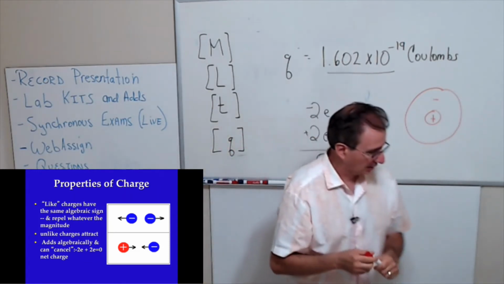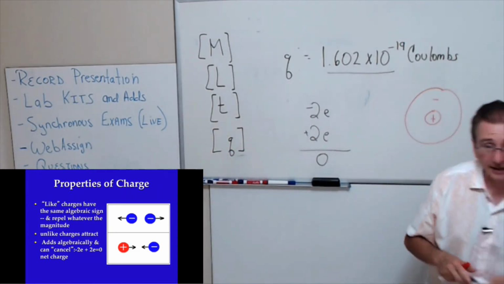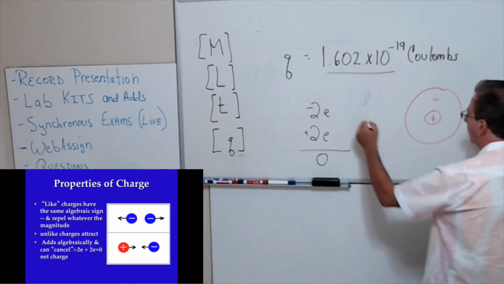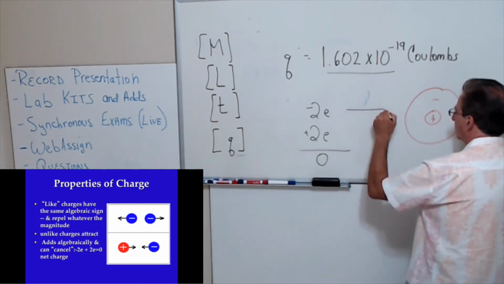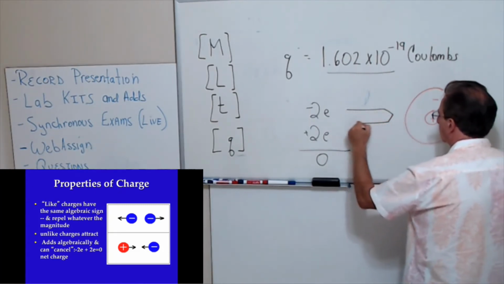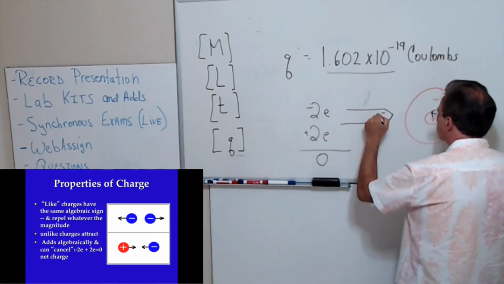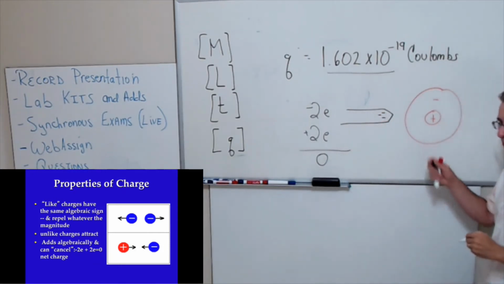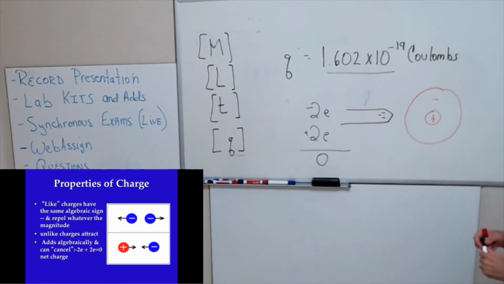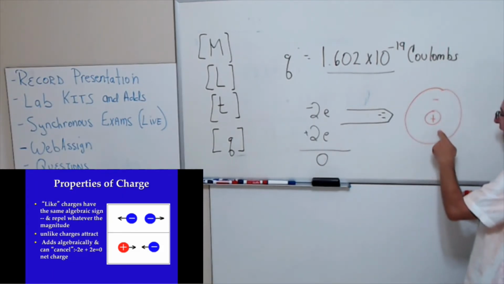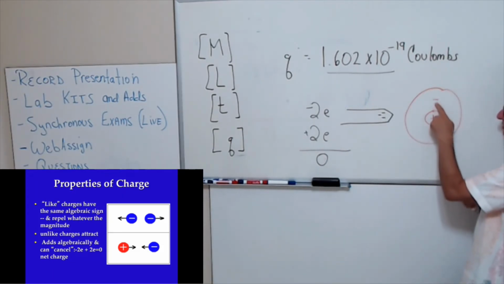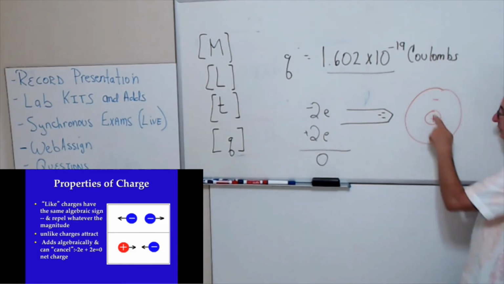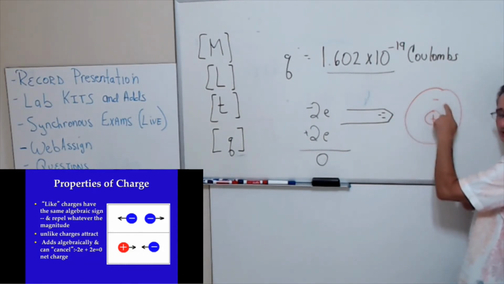But if you take a rod, like I did, that's negatively charged, and I bring it by the balloon, what do you think is going to happen to this positive charge and this negative charge? Well, the negative charges don't like each other.